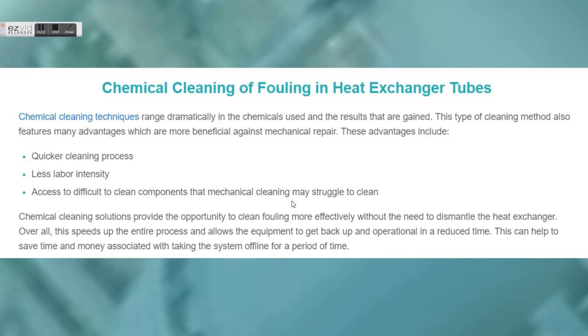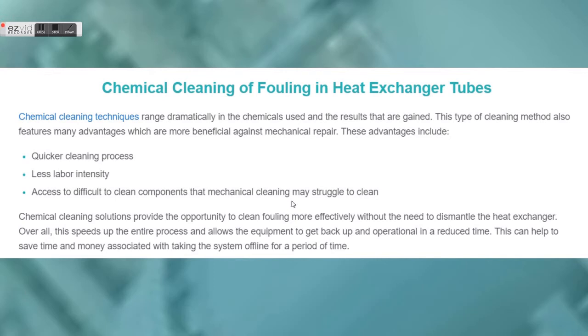Chemical cleaning of fouling in heat exchanger tubes. Chemical cleaning techniques range dramatically in the chemicals used and the results that are gained. This type of cleaning method also features many advantages over mechanical repair. These advantages include a quicker cleaning process, less labor intensity, and access to difficult-to-clean components that mechanical cleaning may struggle to clean.